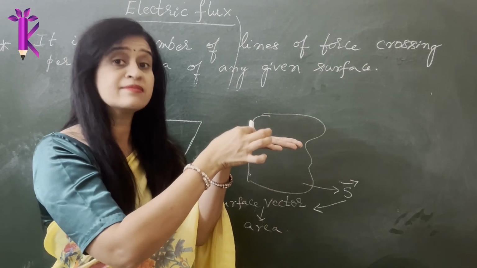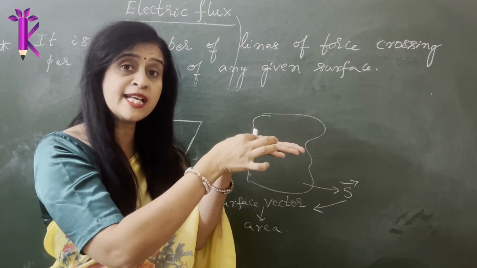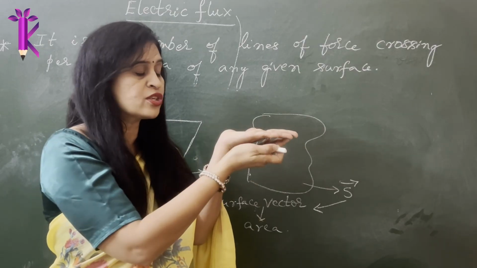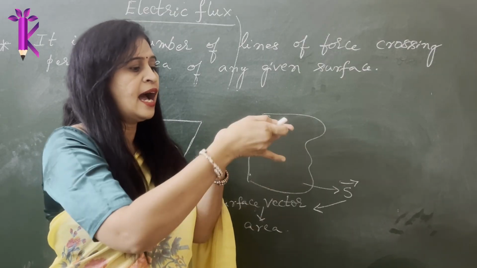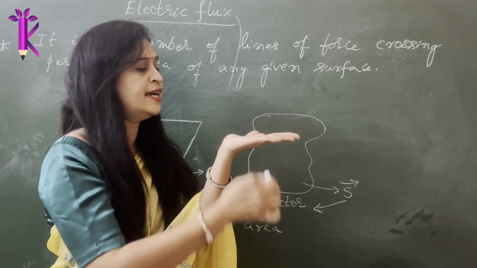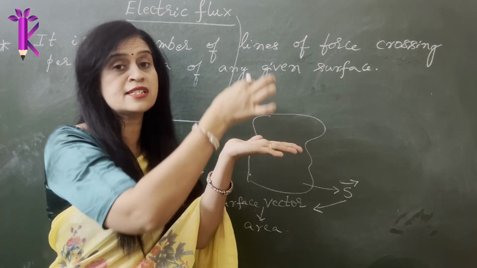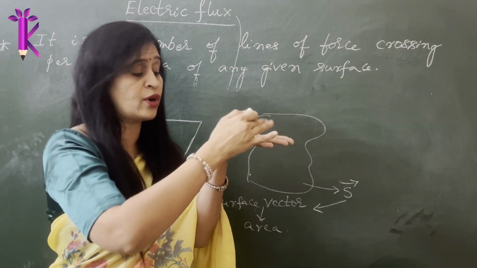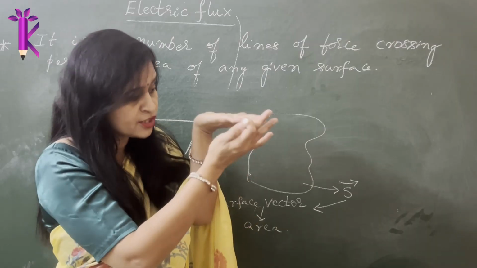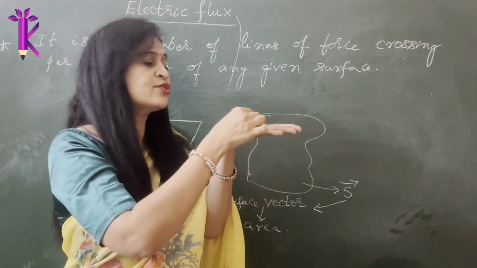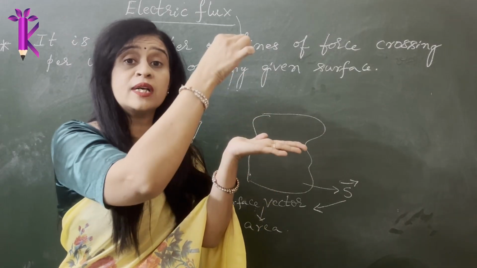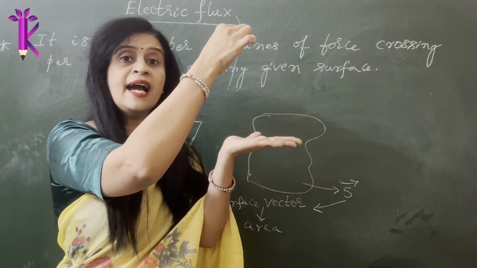By convention, we always prefer the upward direction, because if it is a closed surface, I cannot see inside. So we always take it on the surface area, whatever is visible to our eyes. To see this, I have to go below. If it is closed, I can't see what is inside. So we always prefer the outward normal, always in the outward direction.